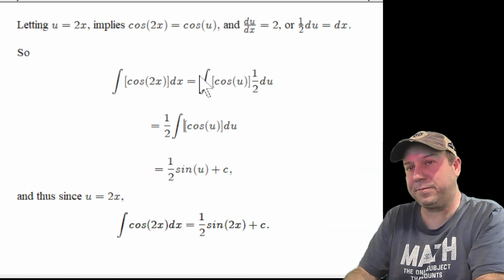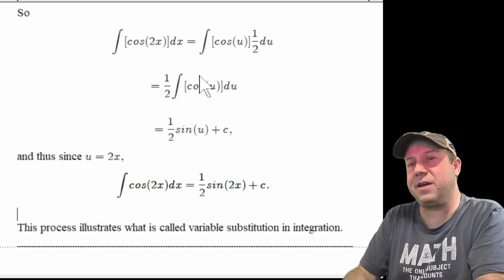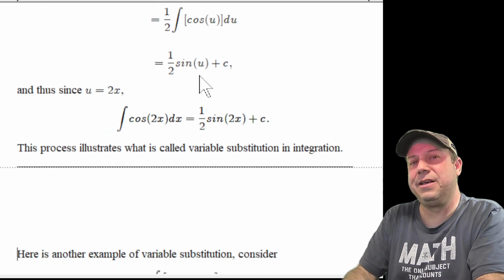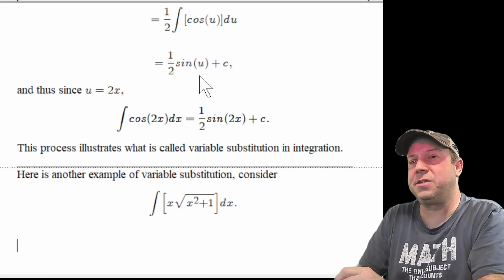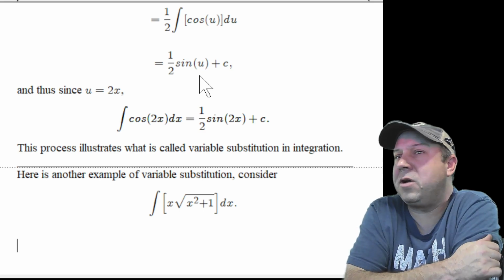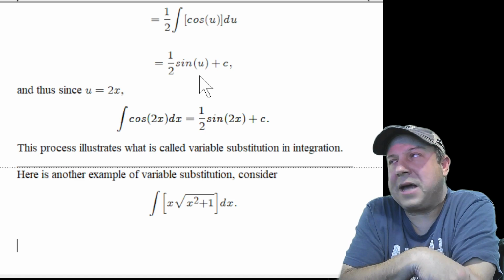If we were to look at another example illustrating variable substitution, we might consider the antiderivative for x times the square root of x squared plus 1, all integrated with respect to x.